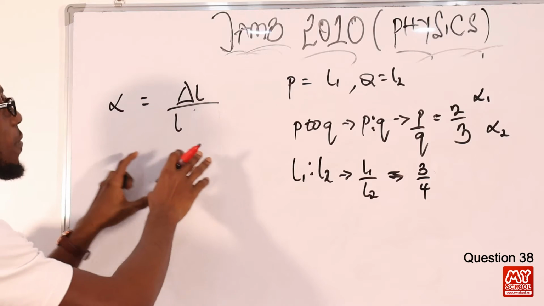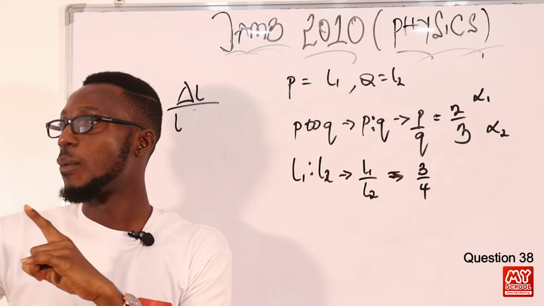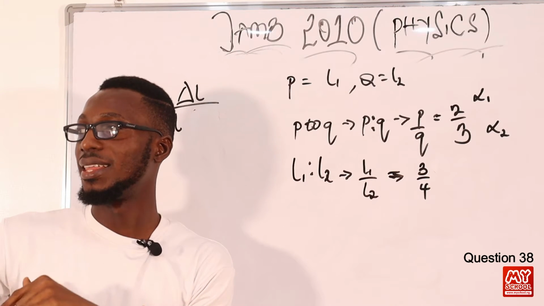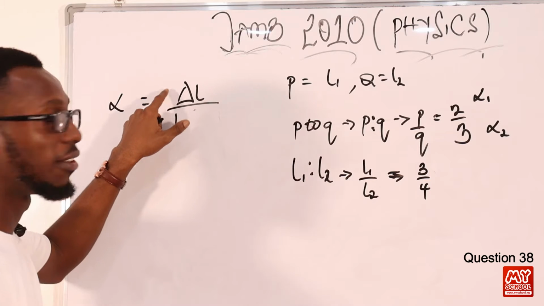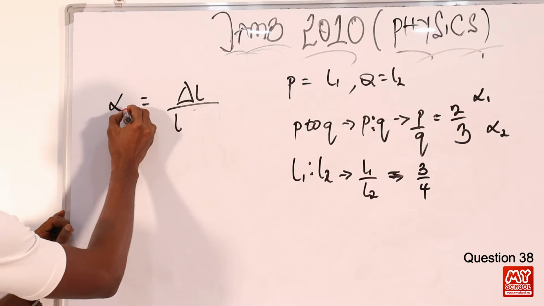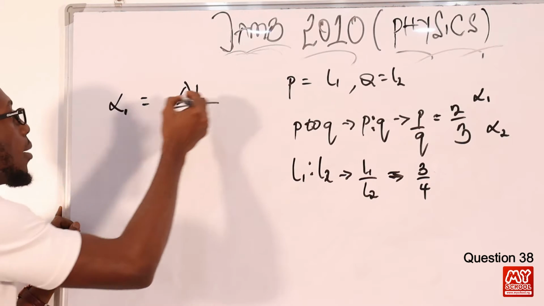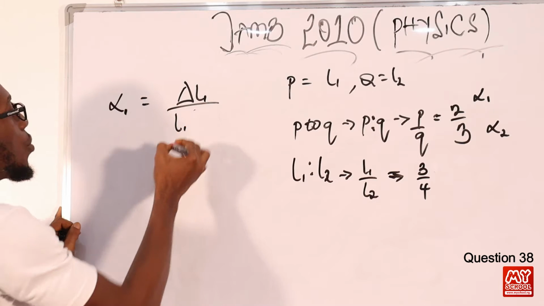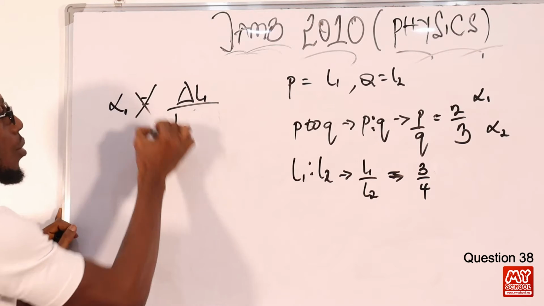We are asked to find the ratio of increase in length, so this is what we are looking for. Let me identify this as the linear expansivity of P. Let's cross multiply.